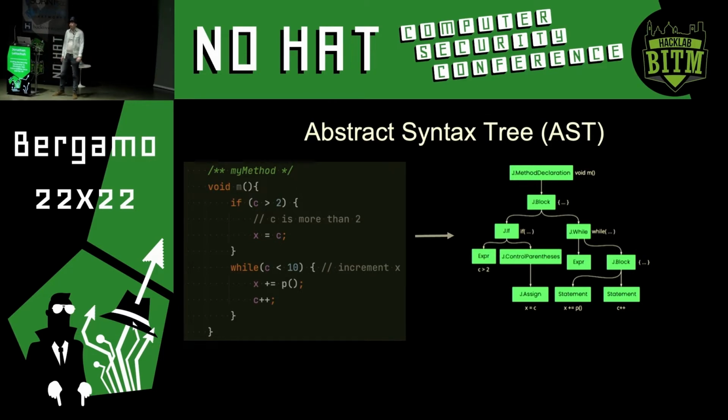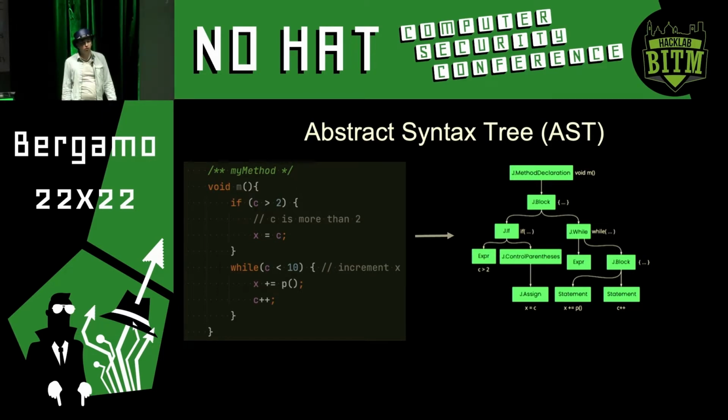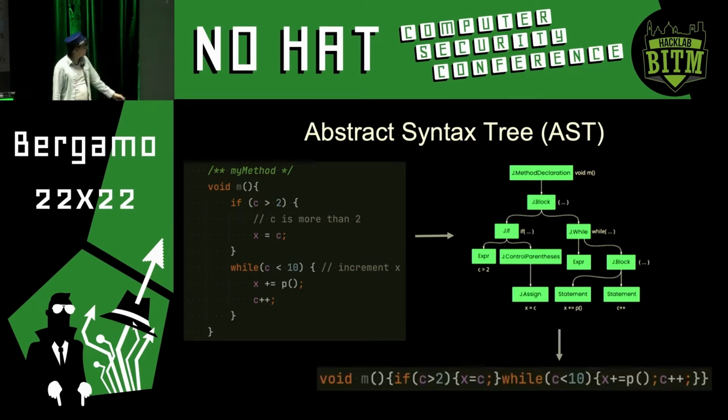Abstract syntax trees represent the source code that you're looking at. So when you're running a compiler, like the Java compiler or the C compiler, they transform that source code into an abstract syntax tree. The problem is that if you were to dump this abstract syntax tree back out into source code, you'd get all the white space gone, all the tabs, all the comments missing, because the compiler doesn't care about that stuff.